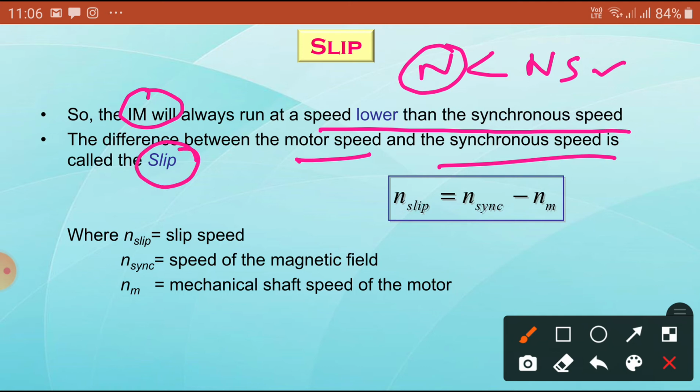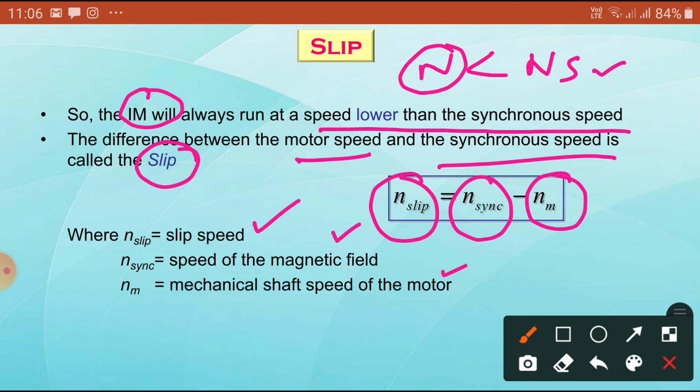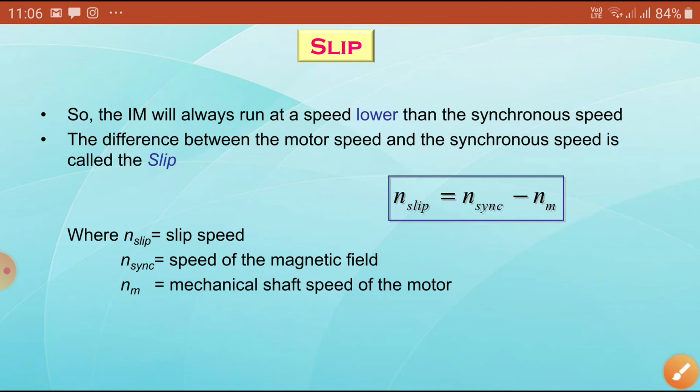So slip is equal to the synchronous speed minus the motor speed. Here, n slip is the slip speed. We can say this is the difference between the speed of the magnetic field and the mechanical shaft speed of the rotor of the motor, known as the slip speed. Okay.